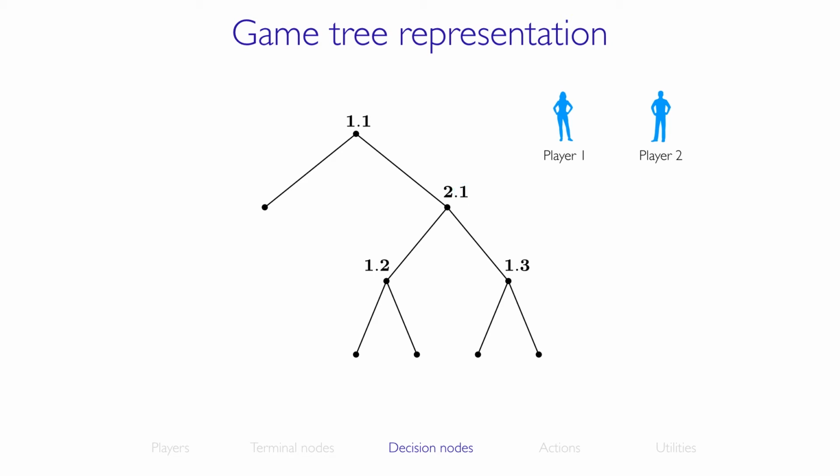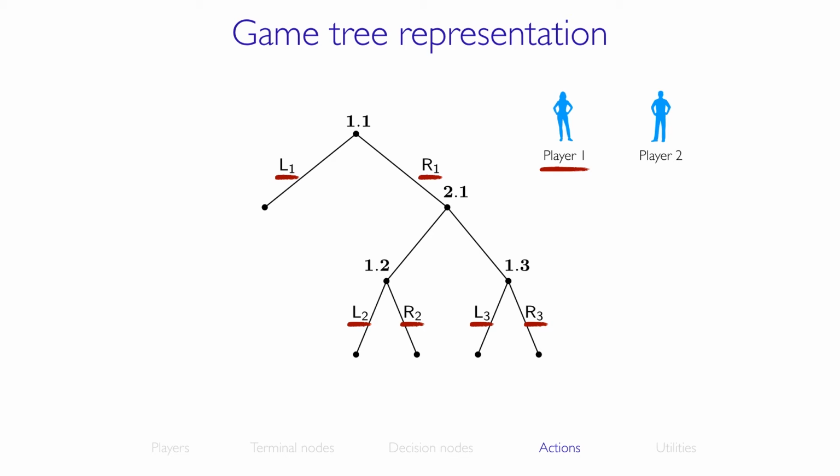At each decision node, a player can choose a move among a number of actions that are represented in the game tree as hatches. For instance, the actions available to player 1 are those marked red, and specifically, in decision node 1.1, the actions are uppercase L1 and uppercase R1. In decision node 1.2, the actions are uppercase L2 and uppercase R2, and so on.